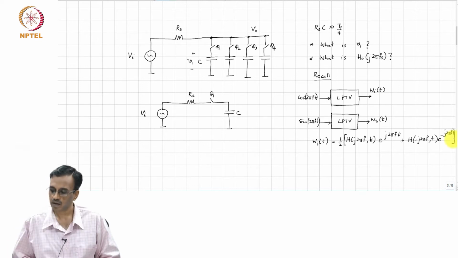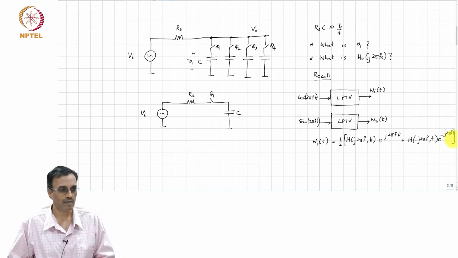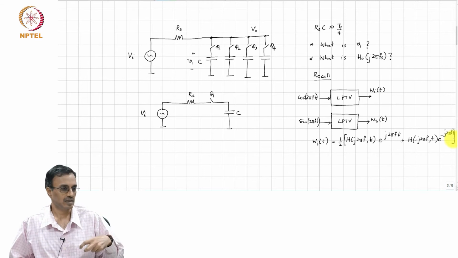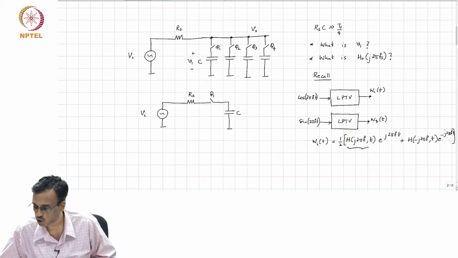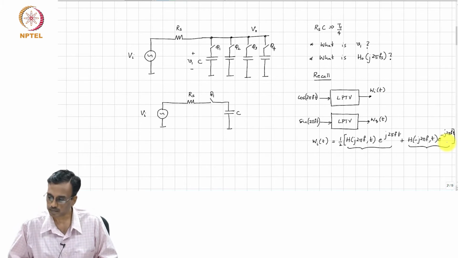And why is that? Well, cos 2 pi f t is nothing but e to the j 2 pi f t plus e to the minus j 2 pi f t, by 2. This is the response to e to the j 2 pi f t, this is the response to e to the minus j 2 pi f t.